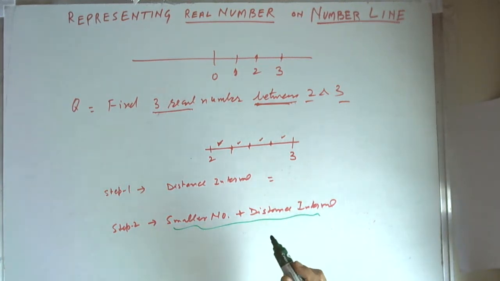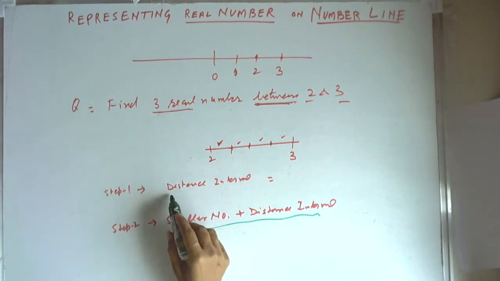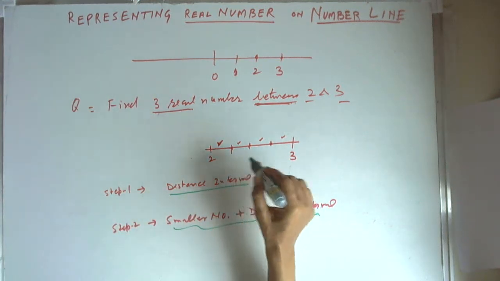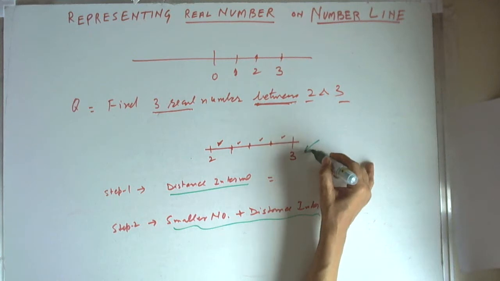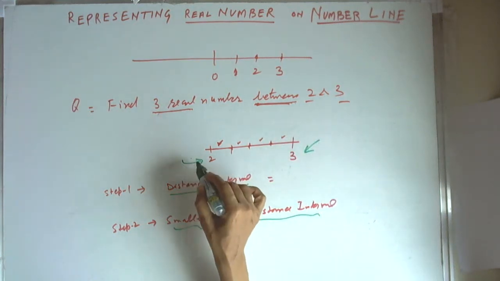For finding the distance interval, first we have to find out which one is the larger number. So 3 is the larger number, and 2 is the smaller number in this case.